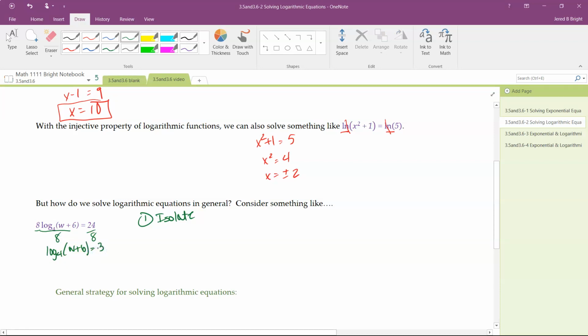And then after I get in this form, I want to write it in exponential form. So this is 4 to the third is equal to w plus 6. Now, this ends up being step 3 in our process. I'll talk about step 2 in a moment. But so I'm going to say convert to exponential form.